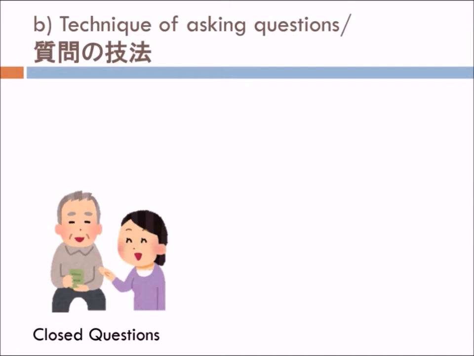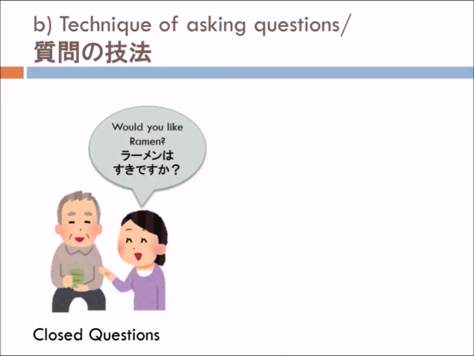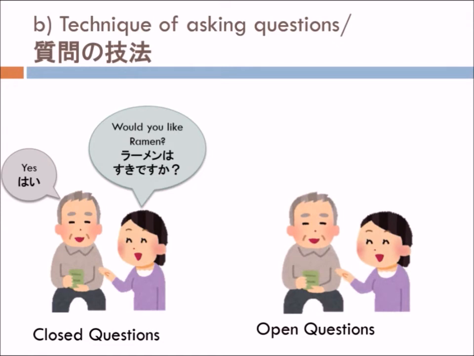Close question. A close question refers to a question that elicits a one-word response from the other party, such as yes or no, or A or B, like, would you like ramen? Yes. Communication becomes one-sided if you keep asking closed questions. Open question.